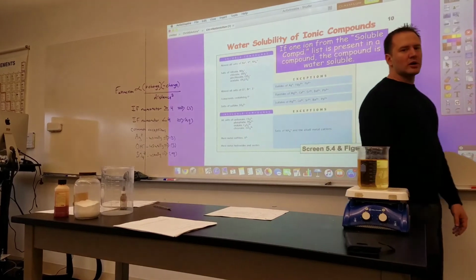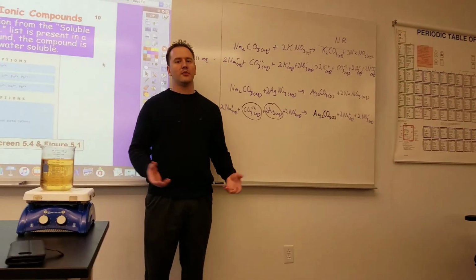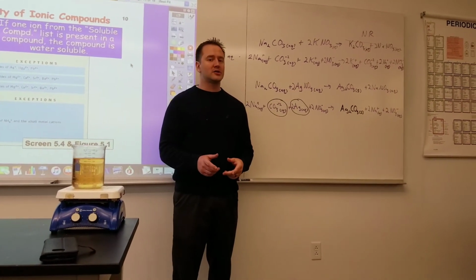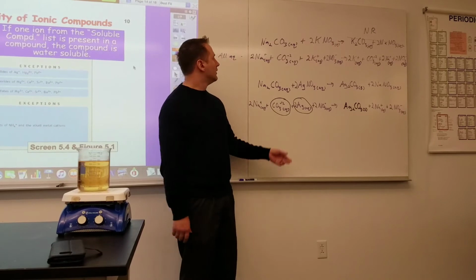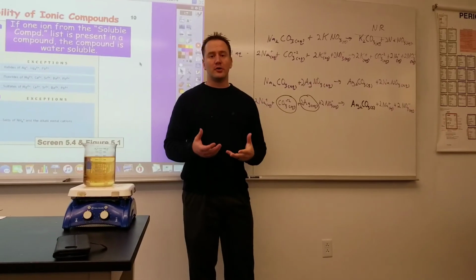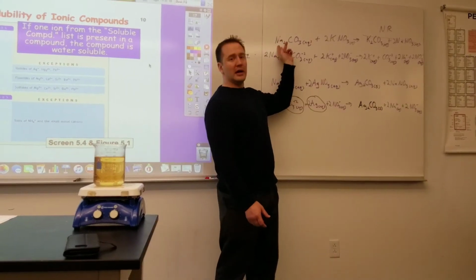Now, real quickly, I just want to go over what happens when you mix a couple of compounds that are dissolved in solution. First, I'm going to go over a reaction where it's not really a reaction. If we mix a solution of sodium carbonate and potassium nitrate, those are both aqueous because they both contain an alkali metal.